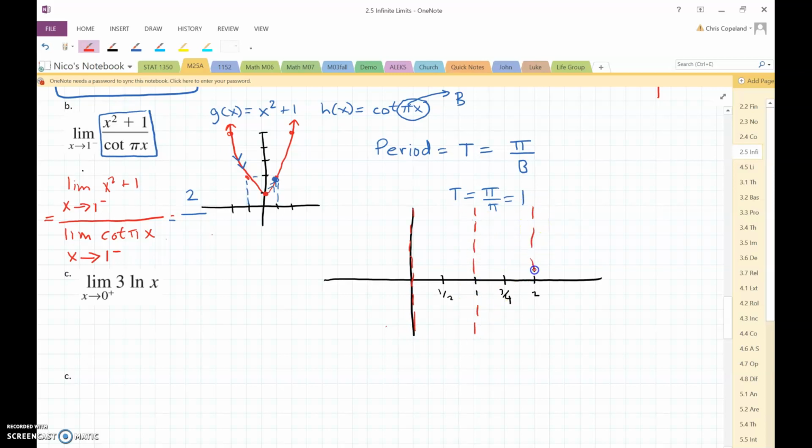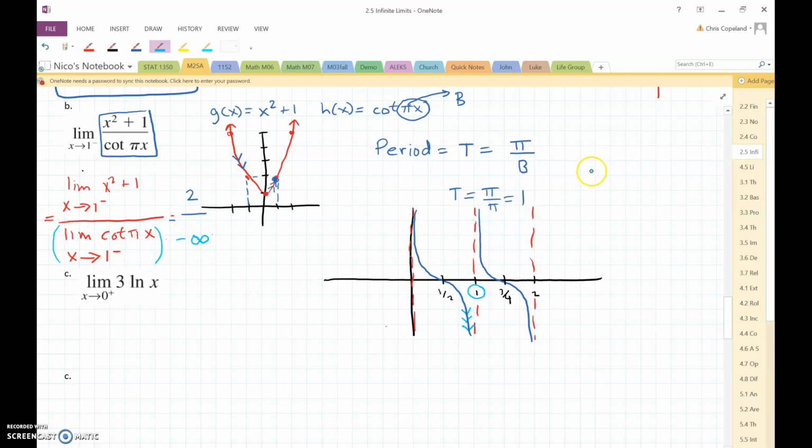And we're going to have a vertical asymptote here. And then you should remember from your trig class that the cotangent function is going to look like this. And it's going to repeat itself. Okay? And then this time, we want to take the limit of cotangent of pi x as x approaches 1 coming from the left. So this is going towards negative infinity.